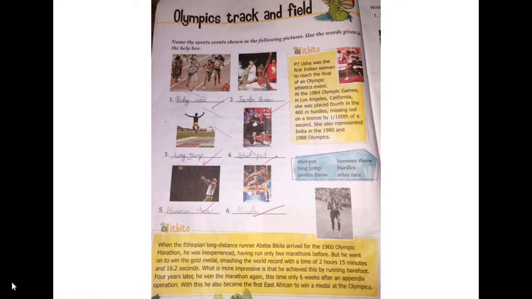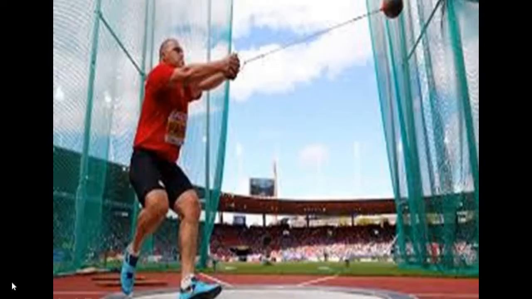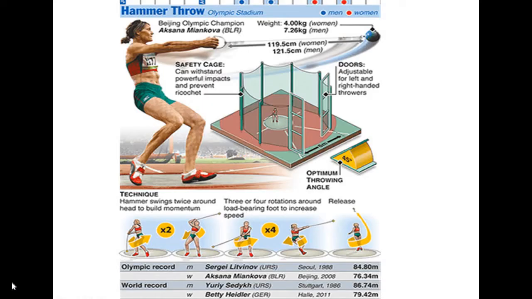The next picture is hammer throw. This is how an iron ball is attached to a string and the person has to hold and throw it. And this is how the stadium of hammer throw looks like.